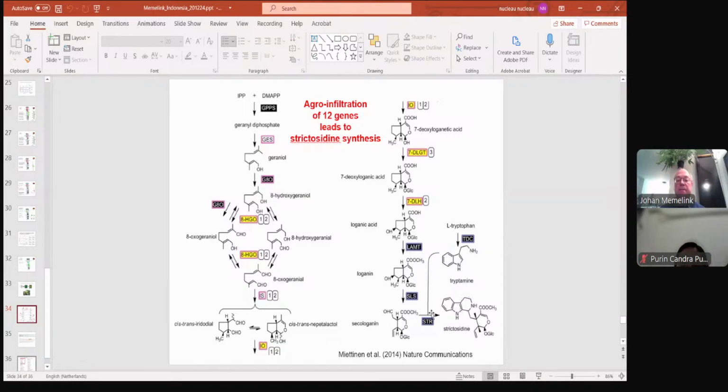So that shows that indeed these enzymes together can form a pathway in planta that can convert the substrate into the alkaloid products. So this was kind of the final proof that we wanted, that we indeed had the enzymes that we were looking for, and that we succeeded in solving this whole pathway.